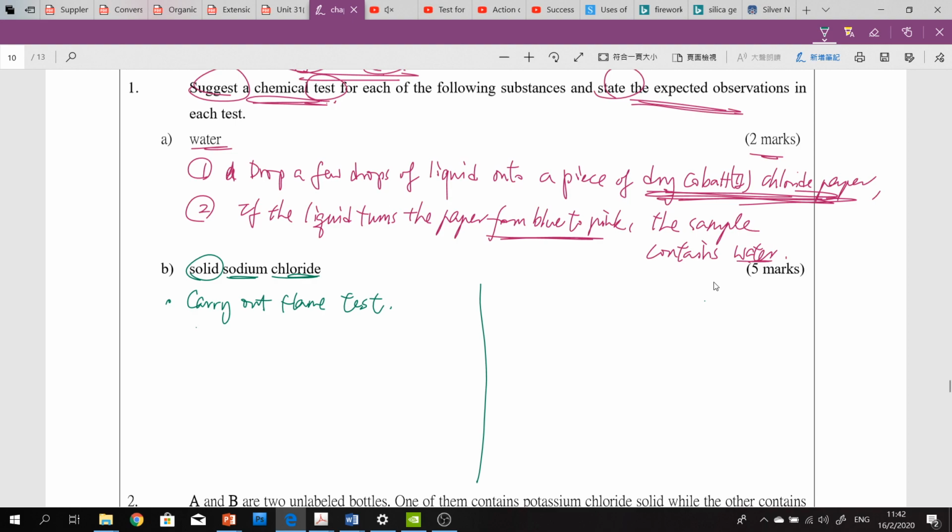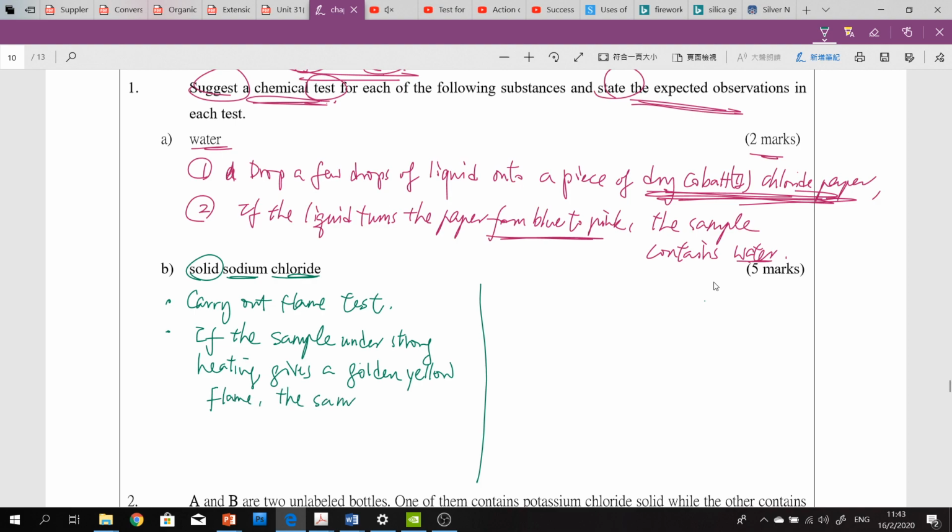Carry out a flame test. If the sample under strong heating gives a golden yellow flame, the sample contains sodium ions.